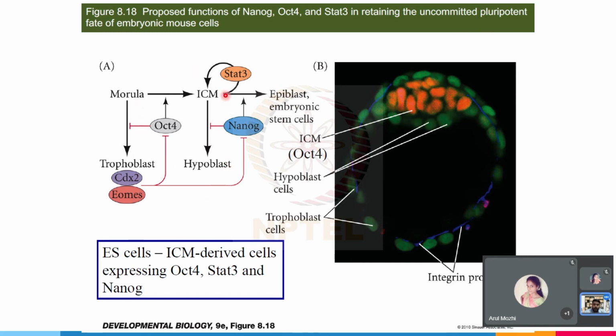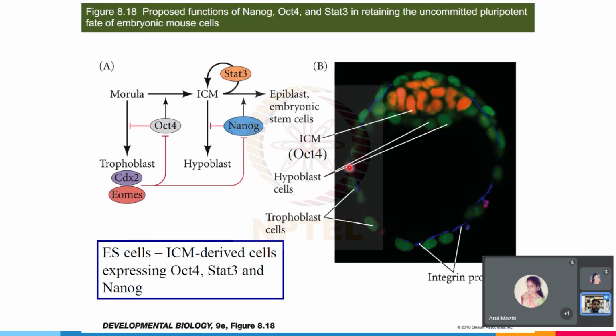So looking at this particular diagram, we can see right here that the trophoblast has CDX2 expression, and if we go right into this particular stained image, we see that OCT4, this transcription factor which helps in the formation of the ICM, and thus the ICM cells will only express OCT4, is in the interior of the embryo, whereas hypoblast and trophoblast cells cover the entirety of the embryo towards the outside, which will probably be stained for genes such as CDX2.